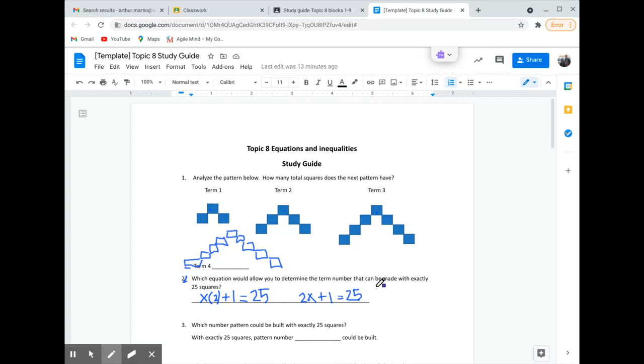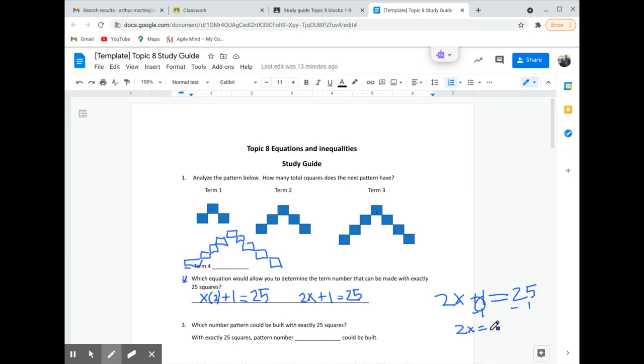So let's make some sense out of it. We know that it equals 25. And so if we have 2x plus 1 equals 25, if we take that 1 away, we'll know what's on each side. So if we take it away, we're left with what? 0. Yep.